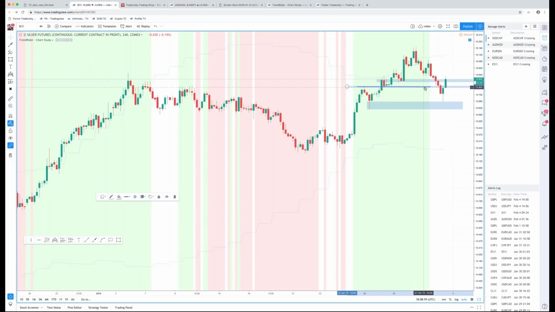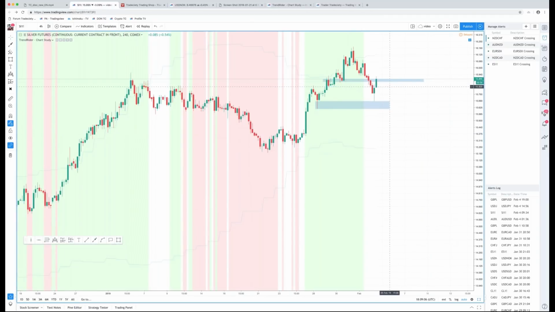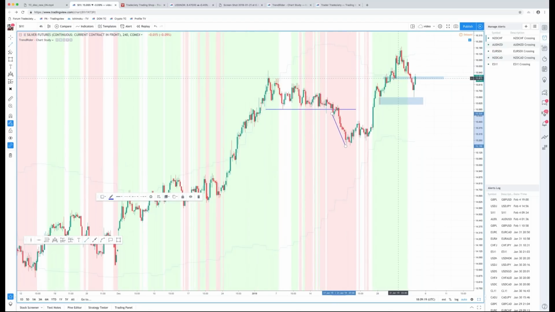And right now there's nothing else here on silver to do. Where are we in the bigger picture? Here was an interesting short that had a little bit of follow through. This actually does look a little like a head and shoulders with a lower high here.